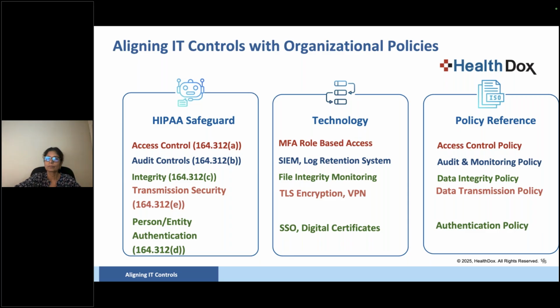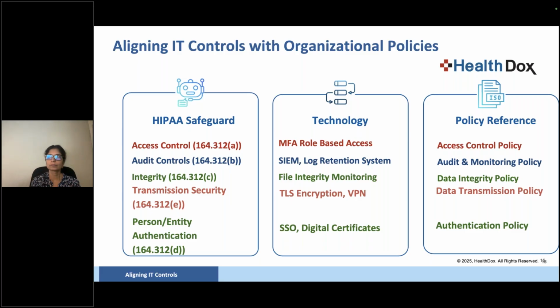And let's understand how this alignment of IT controls with organization policies becomes a key. This is one of the technology controls, because technology controls are only as strong as the policies they support.